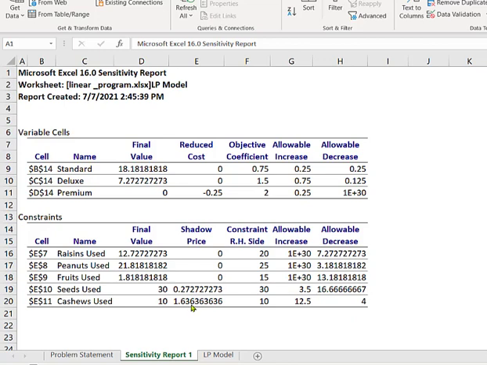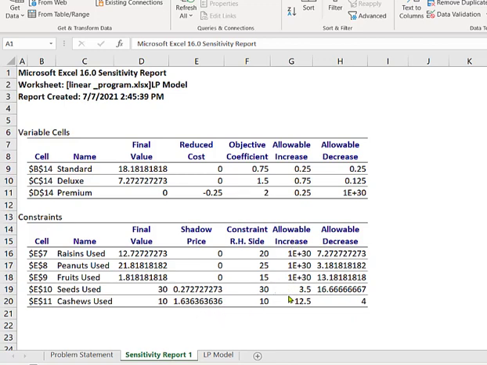What this means is that if I had an extra pound of sunflower seeds, I could increase my objective function value by 27 cents. The shadow price is the marginal worth or value of a resource. If I had 1 extra pound of cashews, I could raise my objective function value by $1.63.